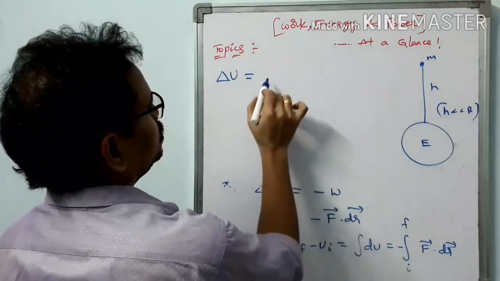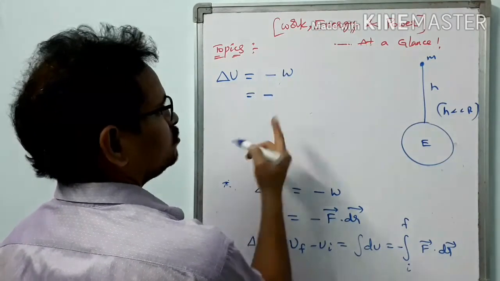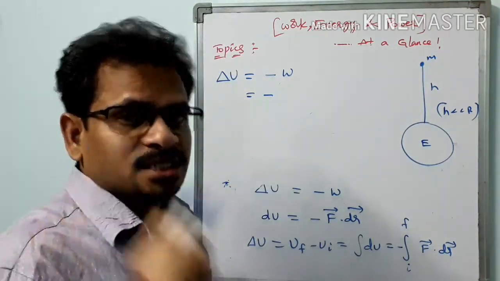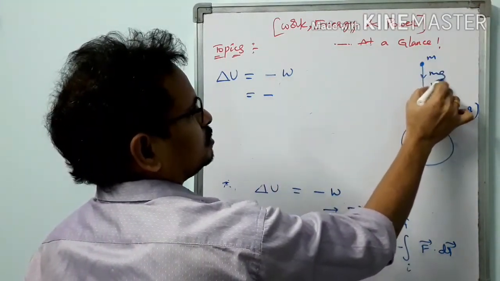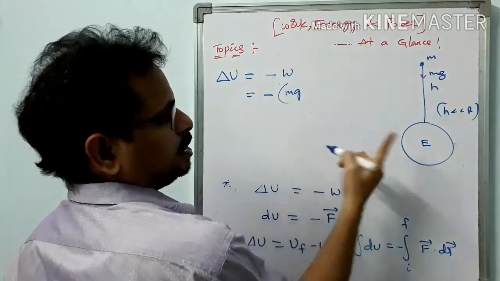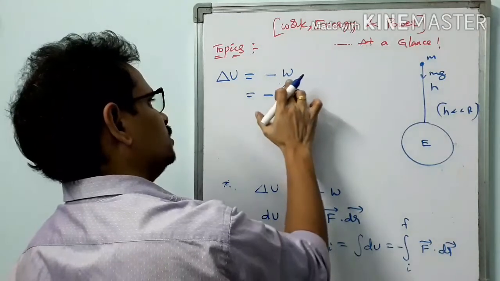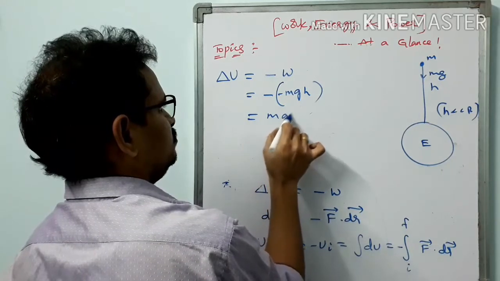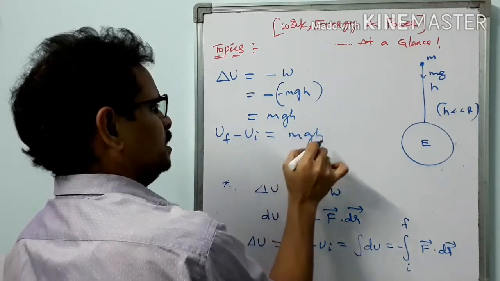Delta U equals minus W, where W is the work done by gravitational force. The gravitational force is mg acting downwards, and displacement is upwards. So W is minus mgh, and delta U equals mgh. Uf minus Ui equals mgh.